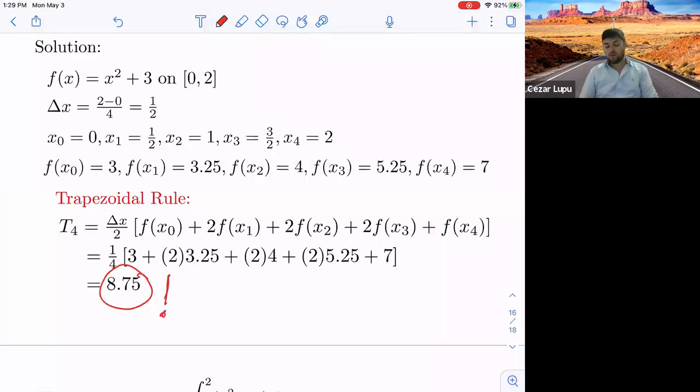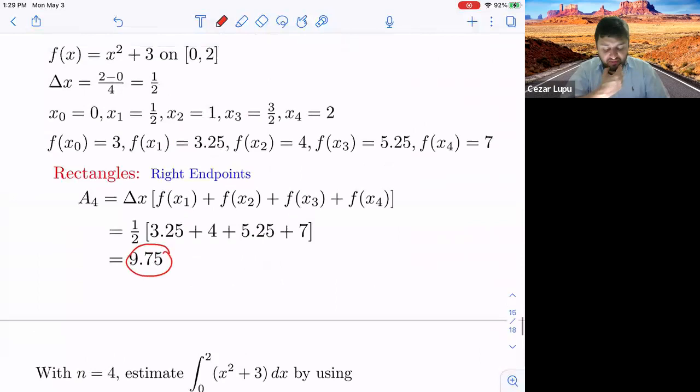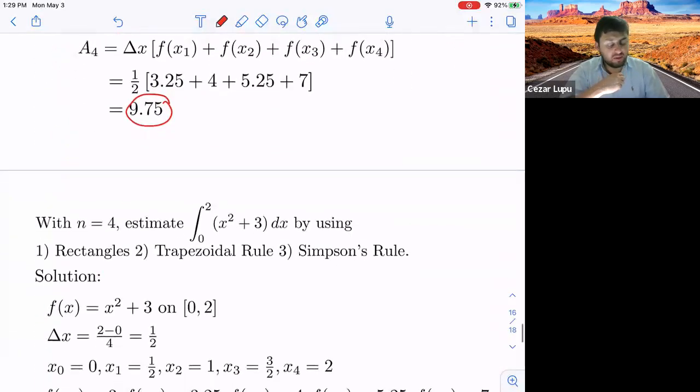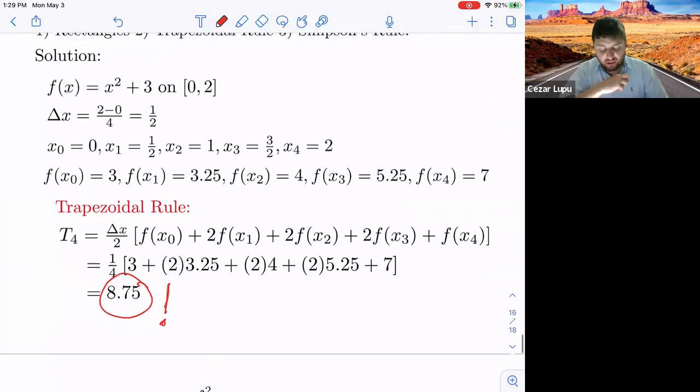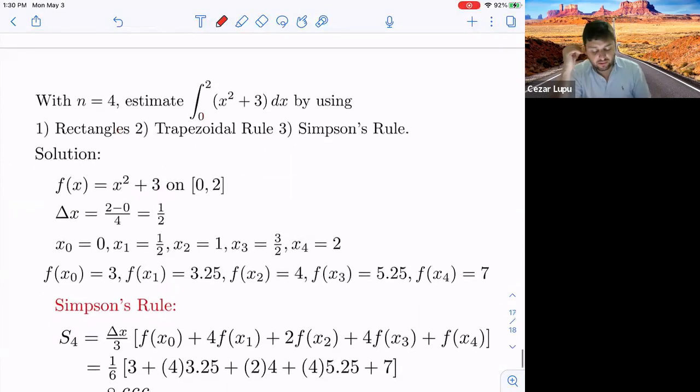So that's the trapezoidal rule. So far, what did we get? We get 9.75 using right endpoints, 7.75 using left endpoints, and by using the trapezoidal rule 8.75. And you are like, whoa, which one is it? Well, let's use Simpson's rule.